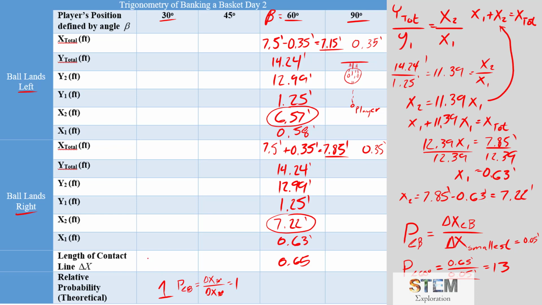And normally I would determine this after I find all the length of the contact lines, but in this case, I'm just going to give you a little hint and tell you that's there.